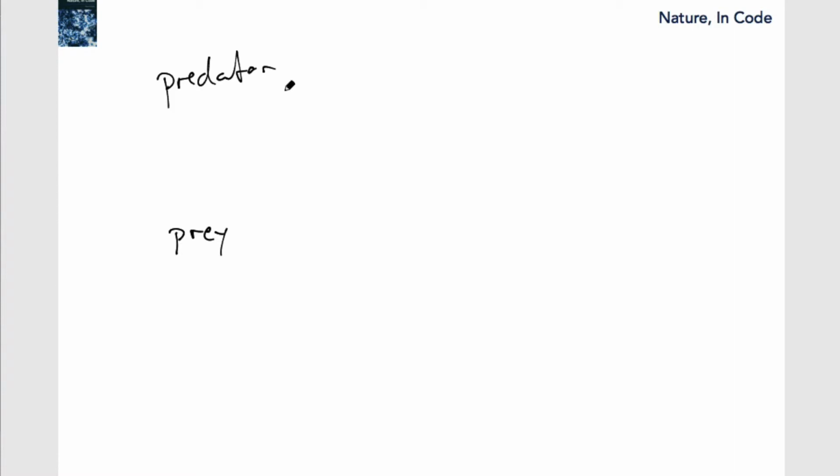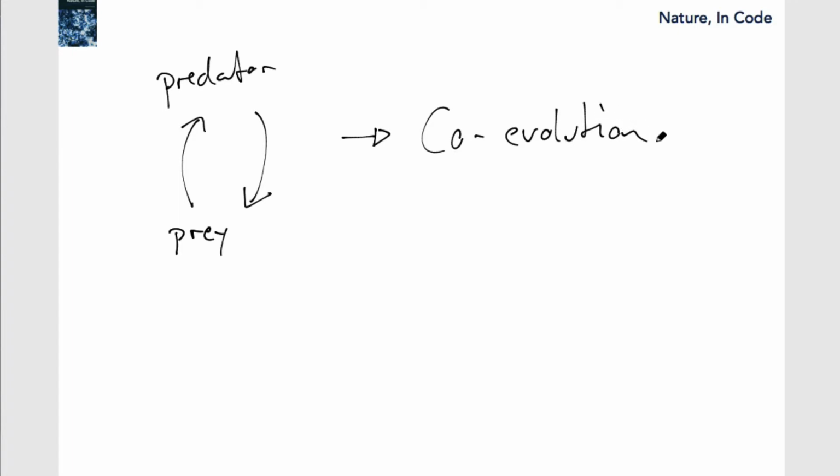However, in many cases, we have a situation like this where the fitness of one species depends on what the other species does. And if you have that, then you quite often get something that is called co-evolution, because now the species is not just evolving to adapt to its abiotic environment, but it's actually evolving to adapt to its biotic environment.